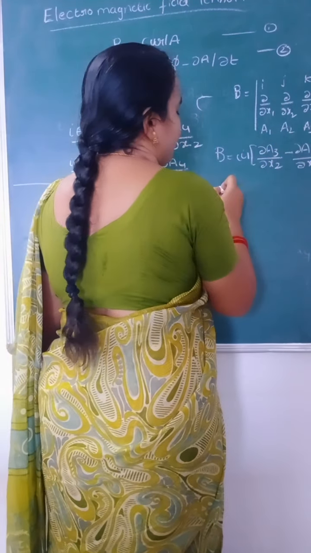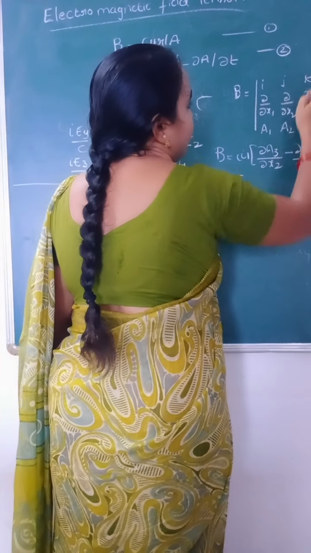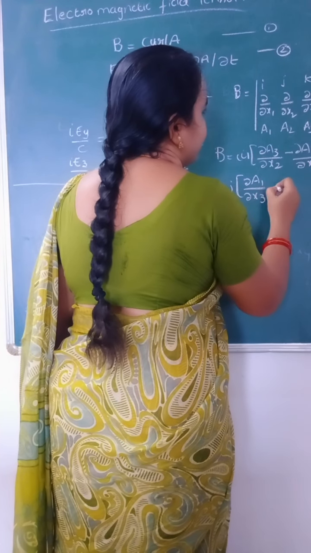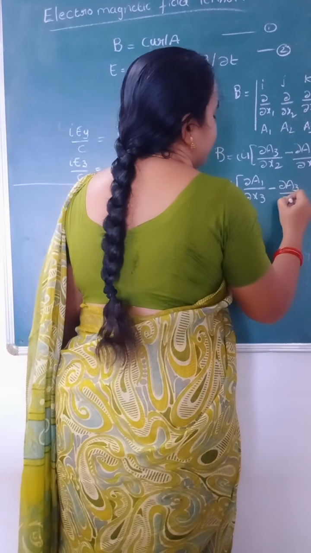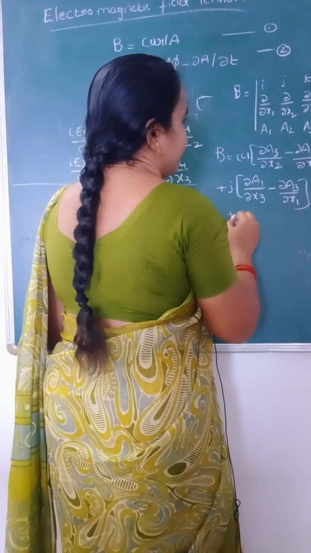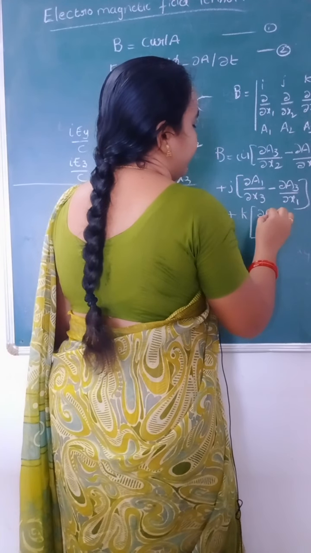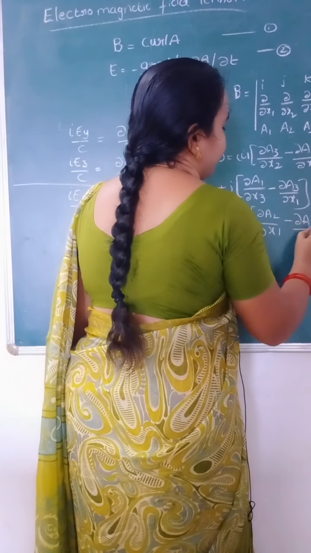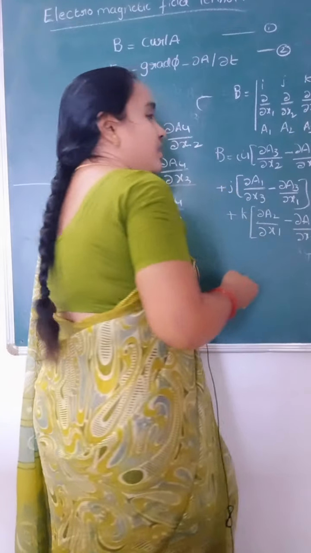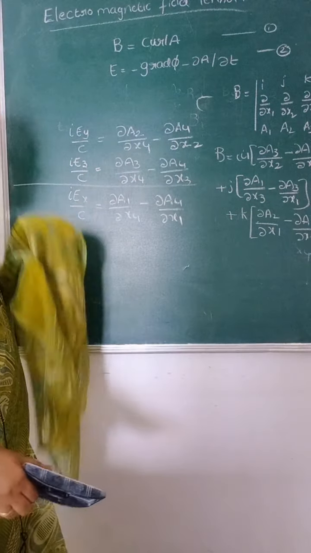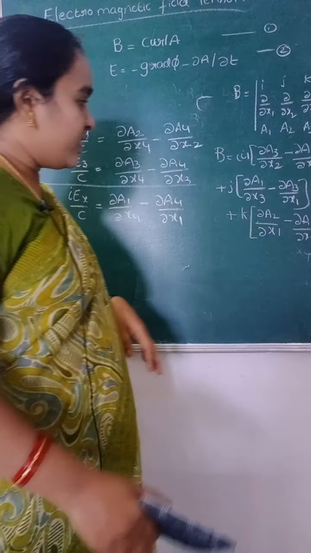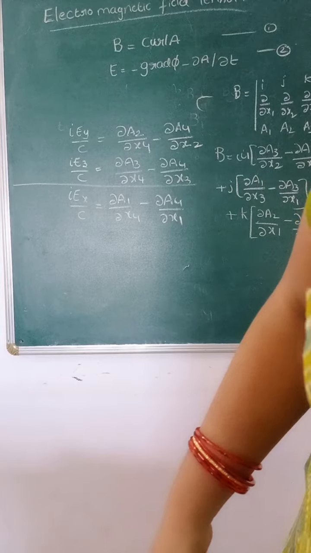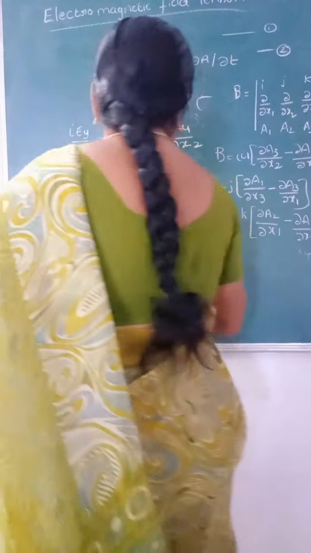Minus j, so if it is plus j, then we get (∂a1/∂x3 minus ∂a3/∂x1), plus k into (∂a2/∂x1 minus ∂a1/∂x2). So if you write this B as bx i plus by j plus bz k, then what are the components?